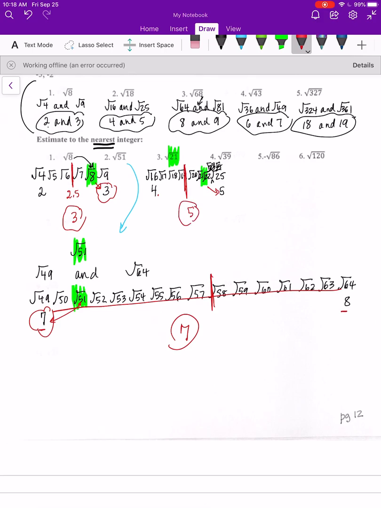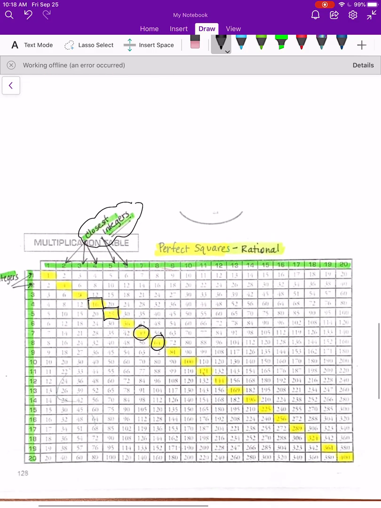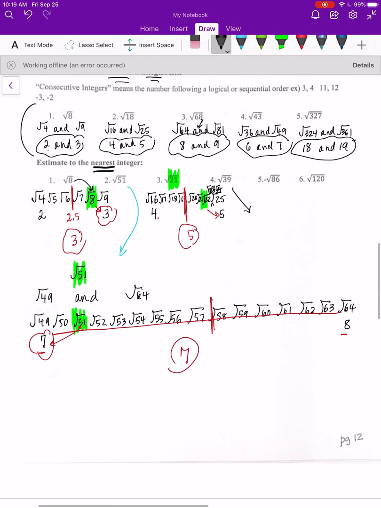Okay. So now let's look at 39. I got to kind of squeeze that in here. So the square root of 39, look at my chart. 39 would be between 36 and 49. So it's between the square root of 36 and the square root of 49. The square root of 36 is 6.